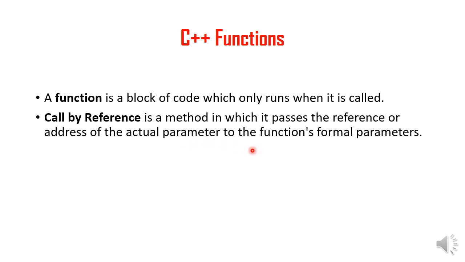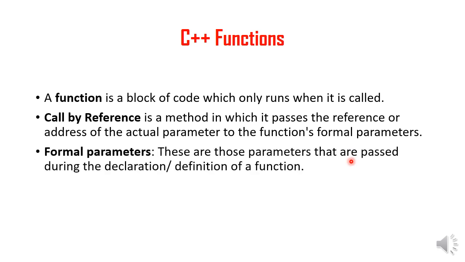Each user-defined function has formal parameters. It means the parameters you give a function when you are declaring it. So to call by reference, you have to pass addresses to the formal parameters so that the function fetches the values from given memory addresses and performs its specific task.